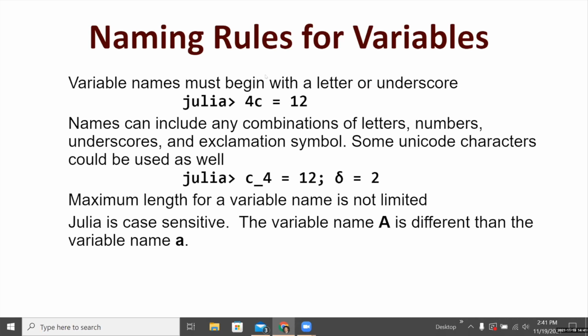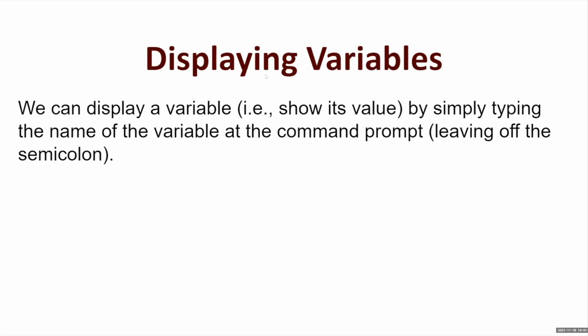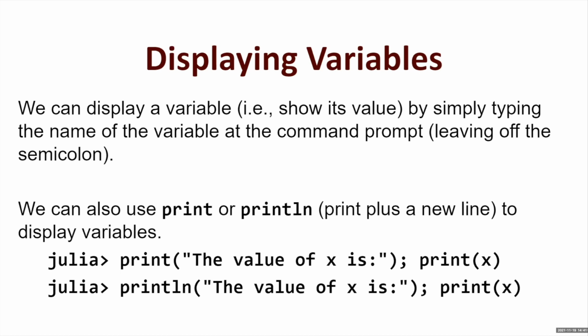So that's some basics. What I'm talking about here is not just limited to Julia, except for some very strange stuff like Unicode being used for variables, which is not widely used in other programming languages. But many other things we're talking about here are just generic programming stuff. To display a variable, you can use print, or you can directly type in the variable and it will print out the value, or you can print a new line.